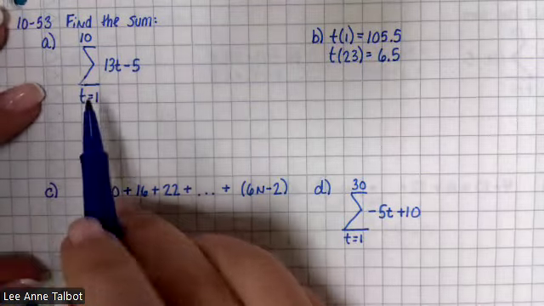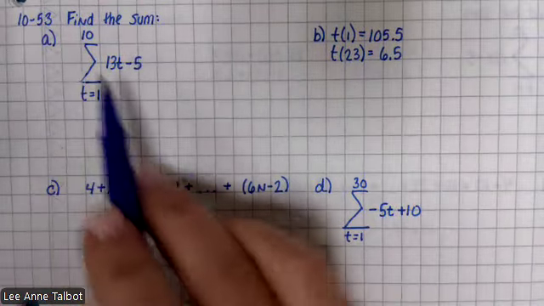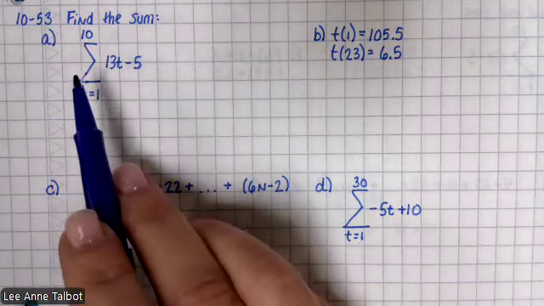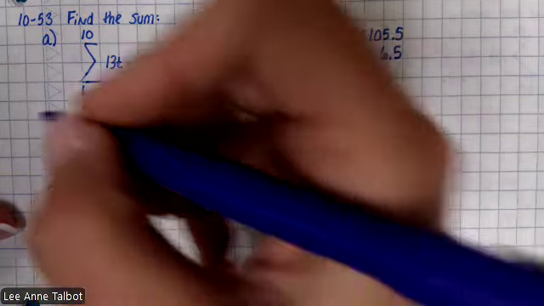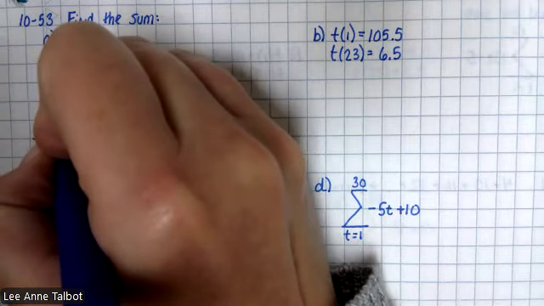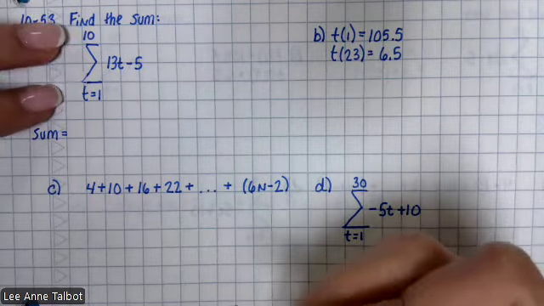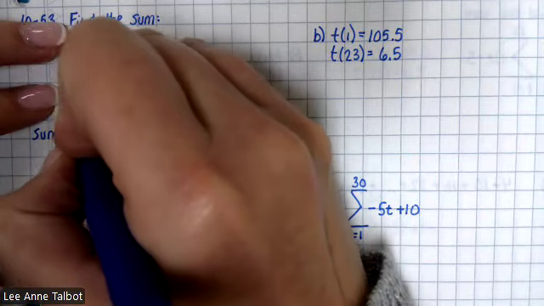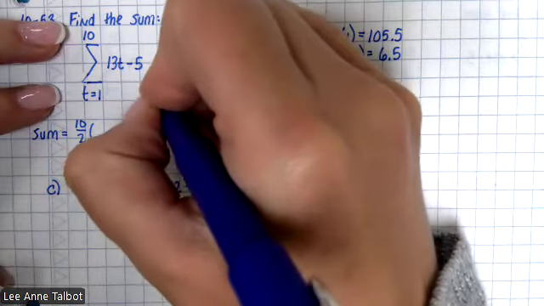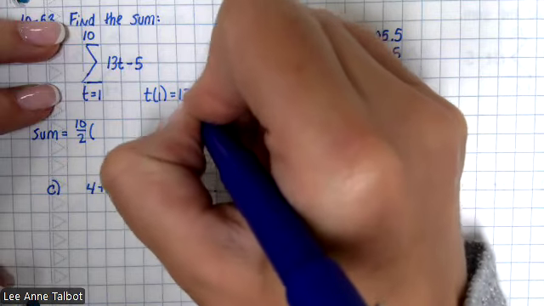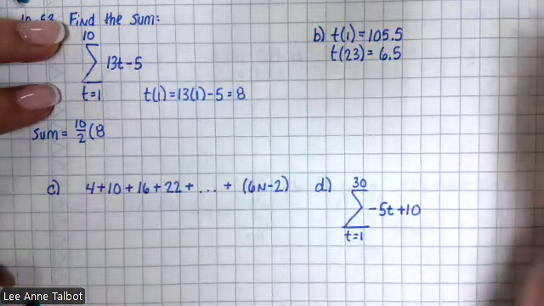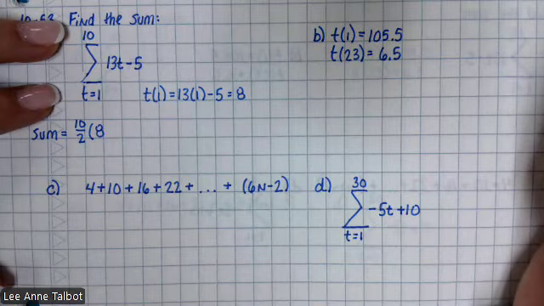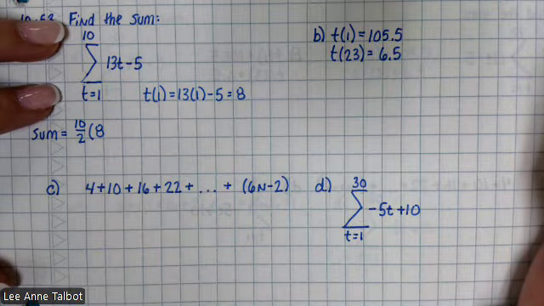So find the sum. First question I have for myself is, is this arithmetic? Yes. So can I use the Gauss formula? Yes, great, because I don't want to list out all the numbers. I'm too lazy. Sum equals, how many terms are there? 10. 10 over 2. First term is 13 times 1 minus 5, which is 8. Okay, now the last term, what term would that be?